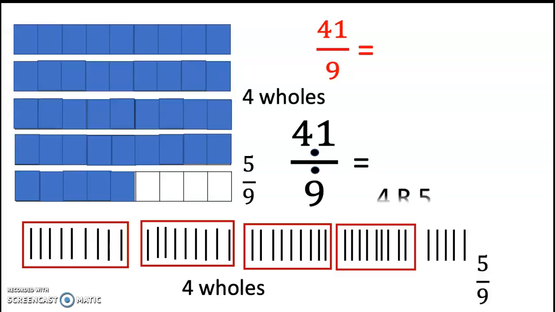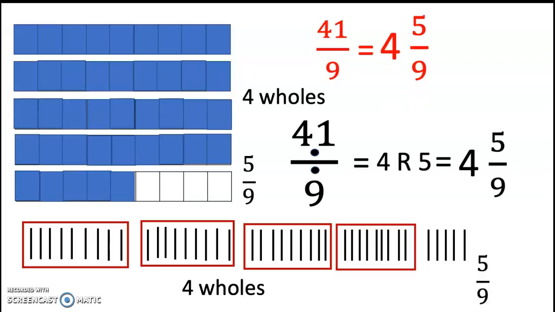That would be 9 times 4, but I would still have 5 left over in order to get up to 41, because I would go 36, 37, 38, 39, 40, 41. That is my 5 that is left over. All of these models are showing me that 41/9 is equal to 4 and 5/9. They are worth the same amount.